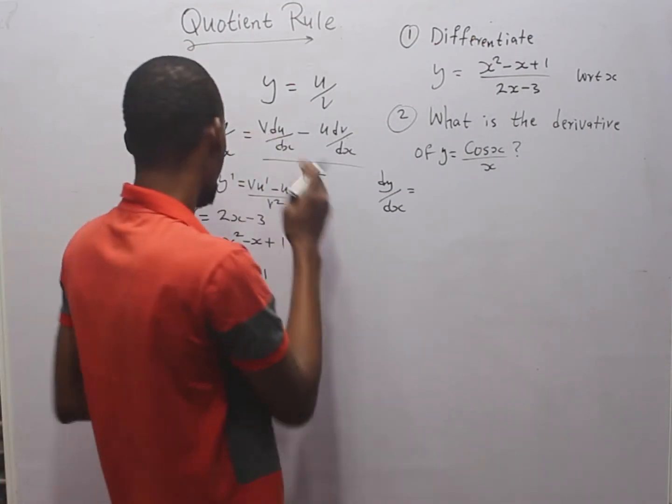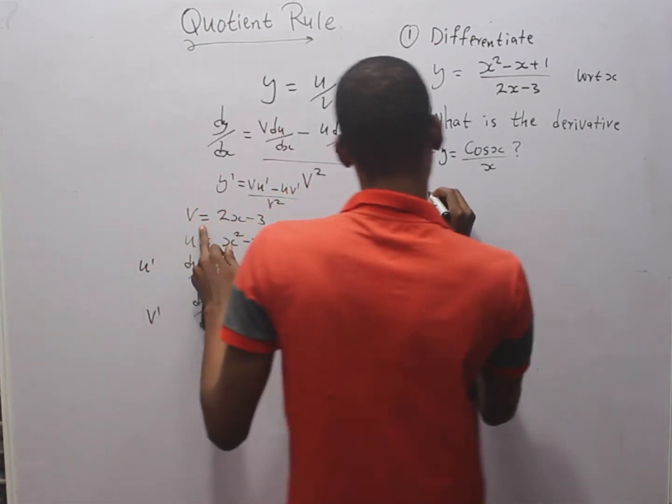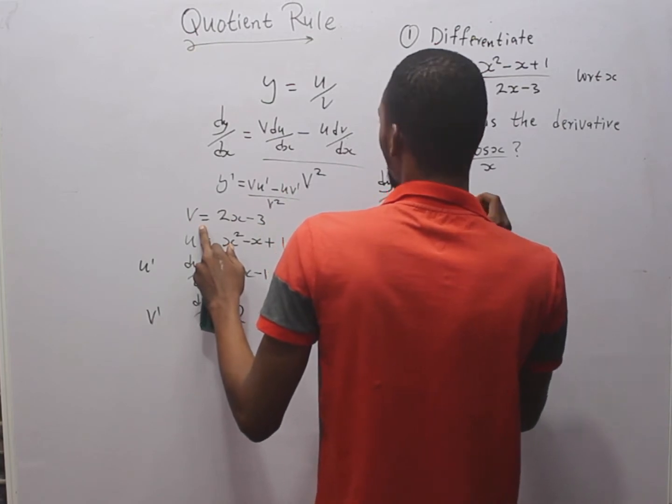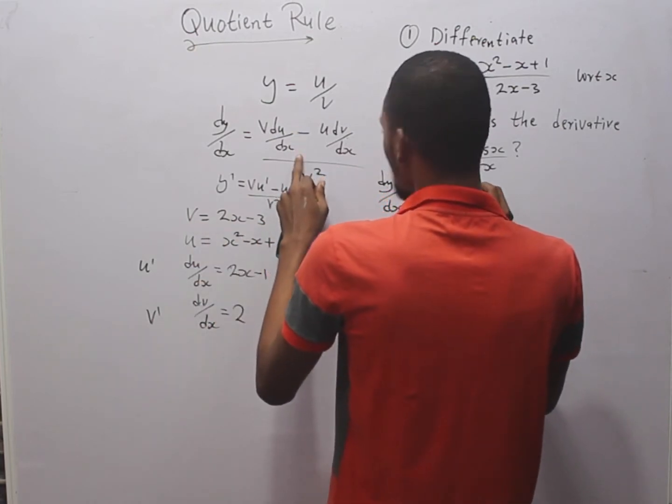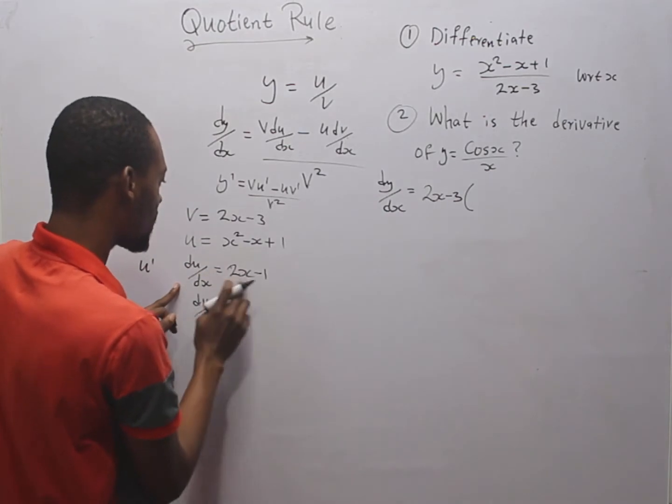Let's solve. v is 2s minus 3, du ds is 2s minus 1.